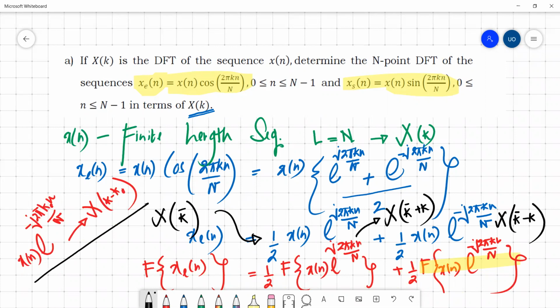So you should be able to apply a very common set of properties to obtain the discrete Fourier transform of signals. So there are two approaches.